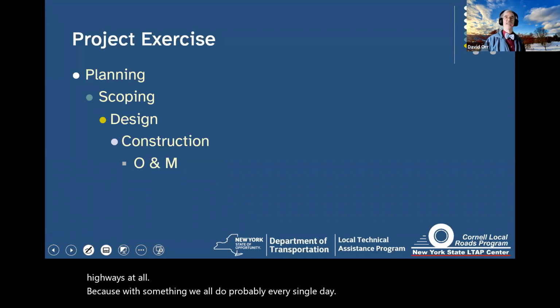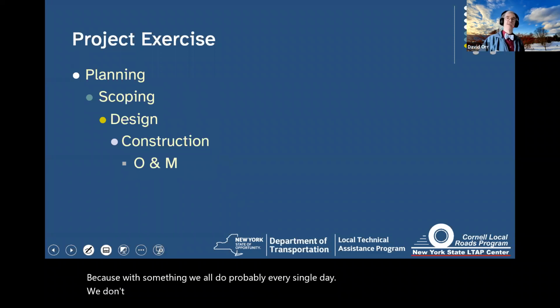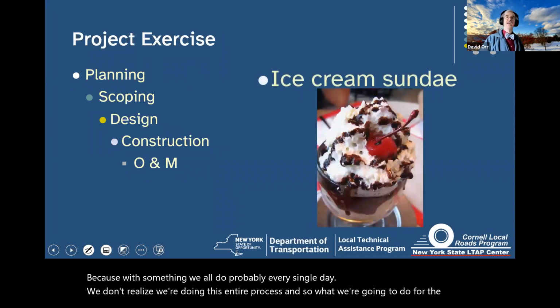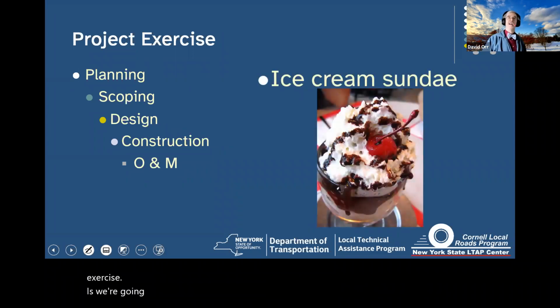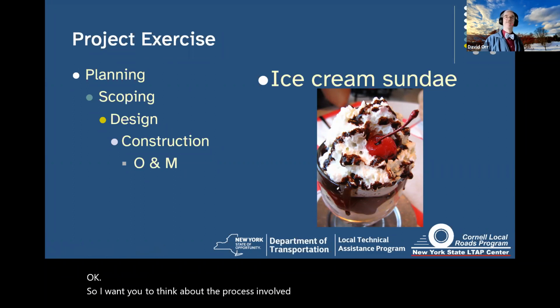Okay? We don't realize we're doing this entire process. And so what we're going to do for the exercise is we're going to build an ice cream sundae, okay? So I want you to think about the process involved for building an ice cream sundae, okay?